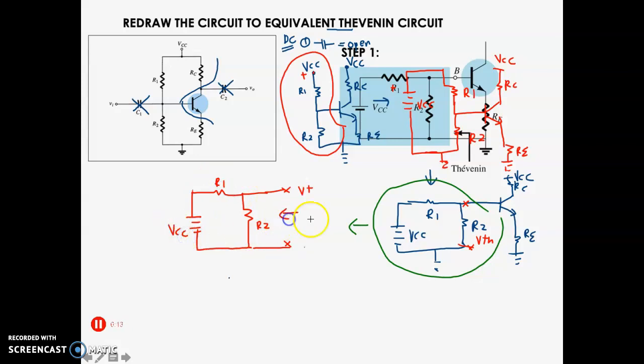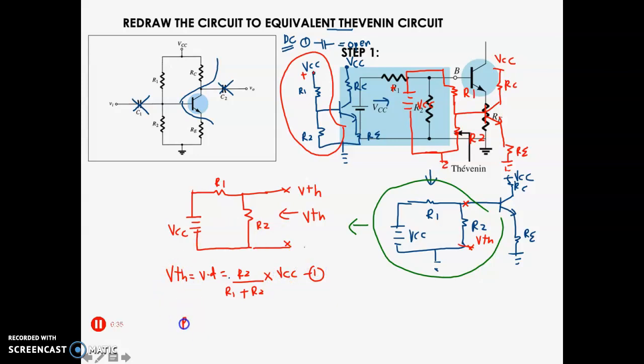Now let's say you're going to read your VTH from here. So remember how you're going to find VTH. Using the voltage divider, VTH equals R2 divided by R1 plus R2, multiplied by VCC. This will be equation number 1.